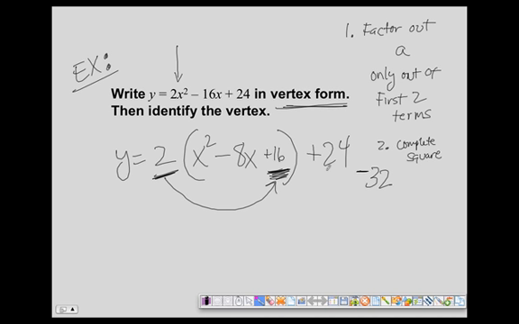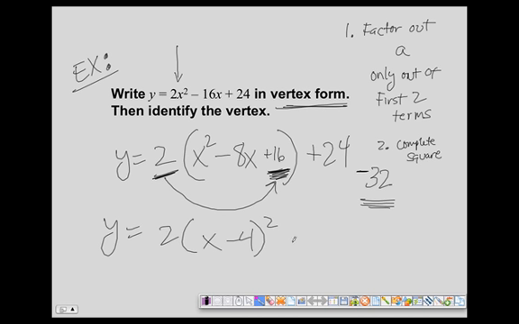Okay? Now, catch this. Underline things. Tell yourself things. Complete the square. So I added 32, which means I subtracted 32. Let's finish it. It should be done now. Y equals 2 out front. This becomes a square. What is it? X minus 4 squared.